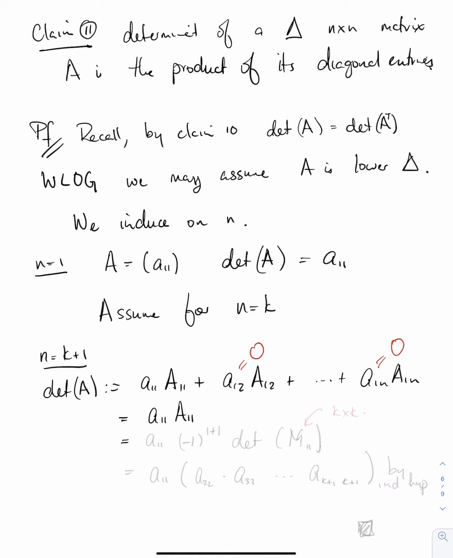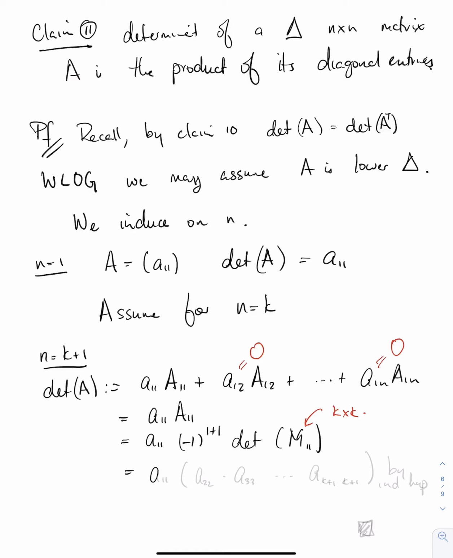Let's remind ourselves what big A11 is. We're going to have A11 times negative 1 to the 1 plus 1 times the determinant of M11. And let's just recall for ourselves that M11 is a k by k matrix. By the inductive hypothesis, the determinant of M11 is going to be the product of its diagonal entries.